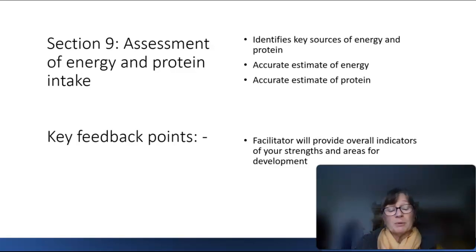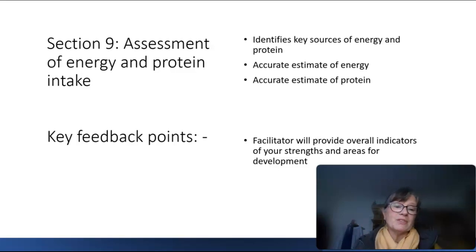And our key feedback points are just going to be our overview of what you did well and what areas you need to continue to develop. It's highly likely that everybody is going to need to develop their ability to get the correct information from a typical day and to estimate that energy and protein. So you'd expect that.